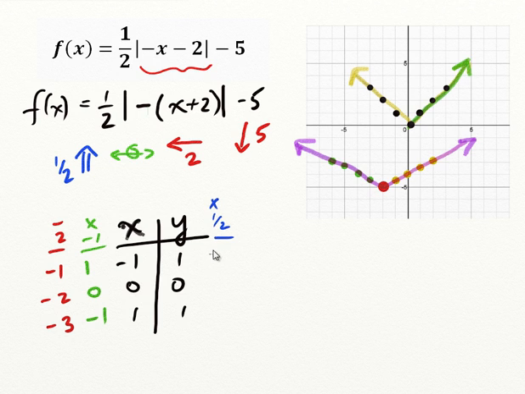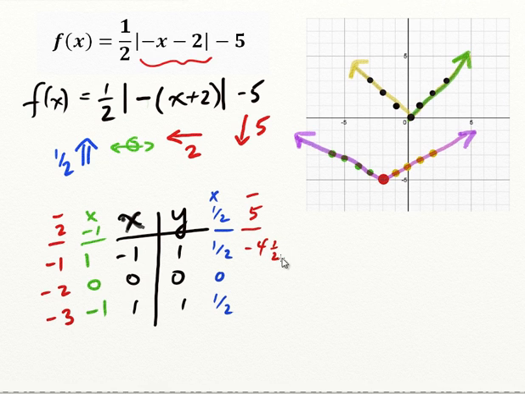So 1 times a half is a half, 0 times a half is 0, and 1 times a half is 1/2. Then I move everything down by 5. So subtract 5 from each of these values. 1/2 subtract 5 is -4.5. 0 subtract 5 is -5, and 1/2 subtract 5 is -4 and 1/2.